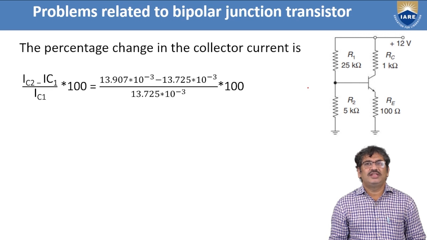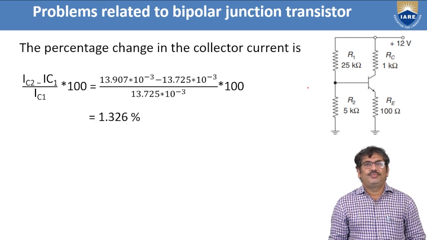Estimated IC2 is 13.907 into 10 power minus 3 minus 13.725 into 10 power minus 3 divided by 13.725 into 10 power minus 3, and as we are calculating percentage, into 100, which will give us 1.326 percent. So by changing the beta value from 50 to 150, the change in collector current is 1.326 percent.